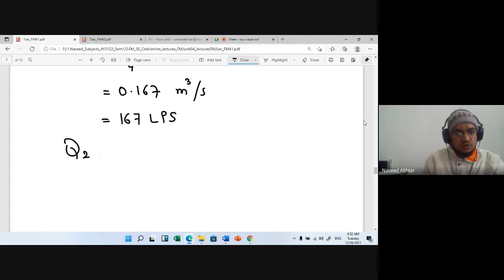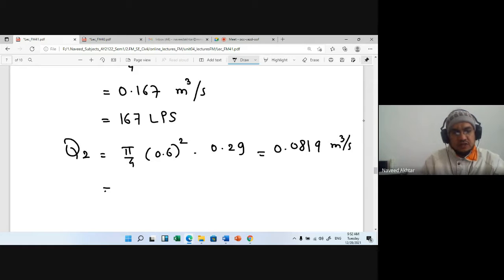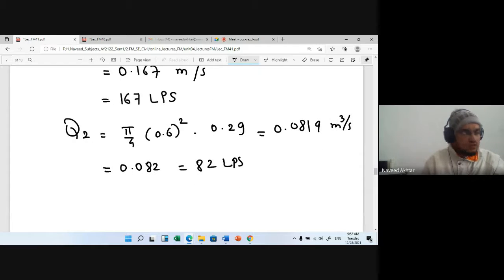Similarly, you can find Q2, that is pi by 4 into 0.6 square into V2, which is 0.29. It comes to 0.0819 meter cube per second, so you can write this as 0.082, or 82 liter per second after converting to liter per second.